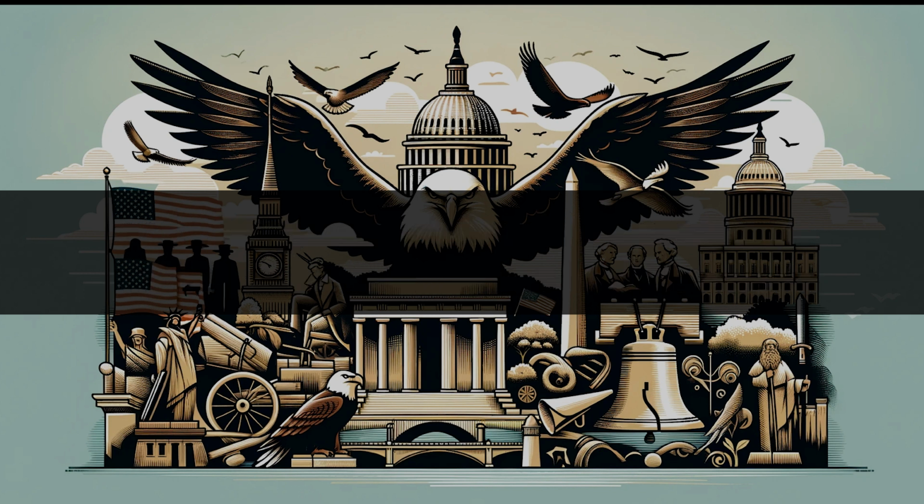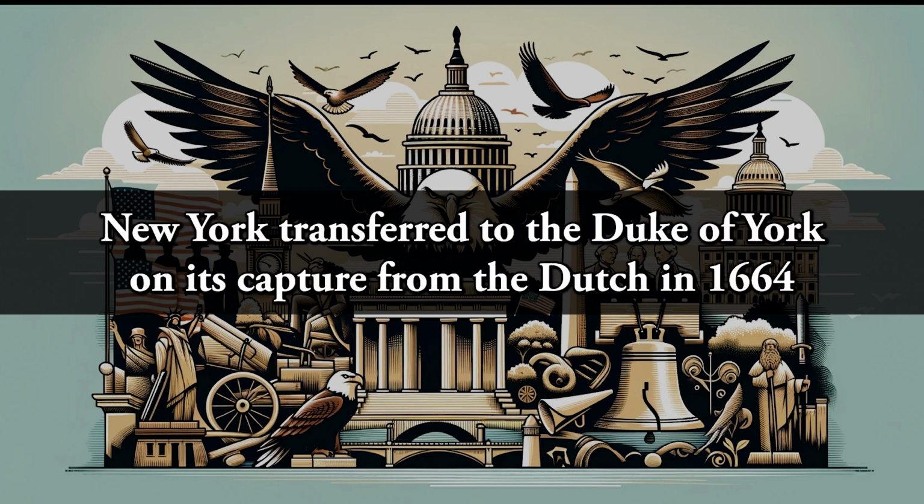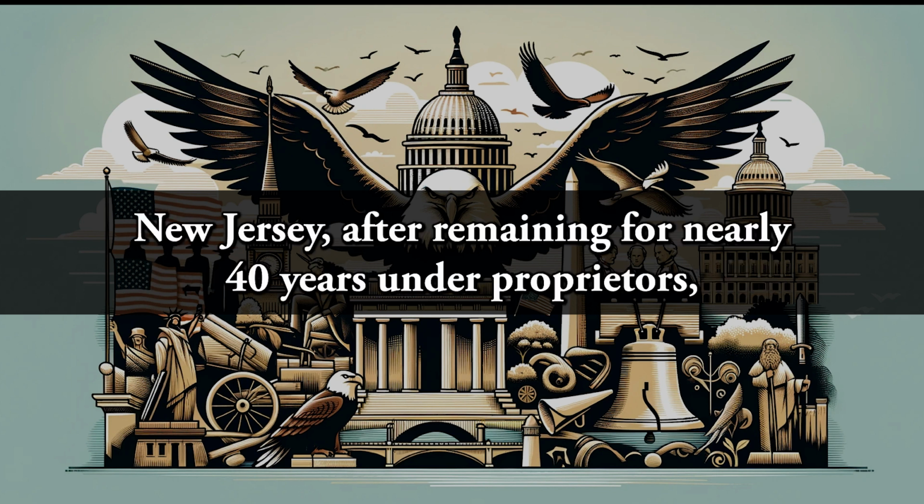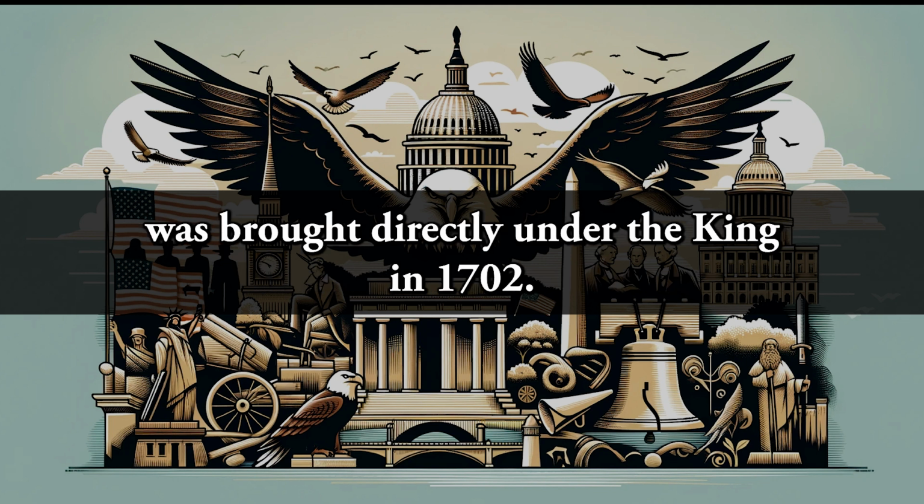New Hampshire, severed from Massachusetts in 1679, and Georgia, surrendered by the trustees in 1752, went into the hands of the Crown. New York, transferred to the Duke of York on its capture from the Dutch in 1664, became a province when he took the title of James II in 1685. New Jersey, after remaining for nearly 40 years under proprietors, was brought directly under the king in 1702.